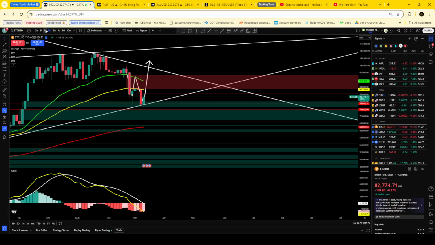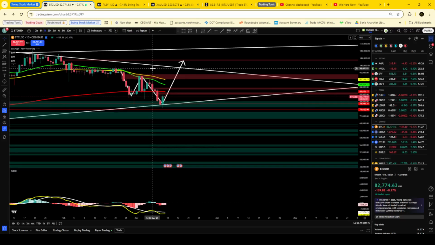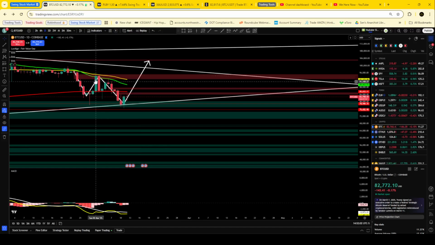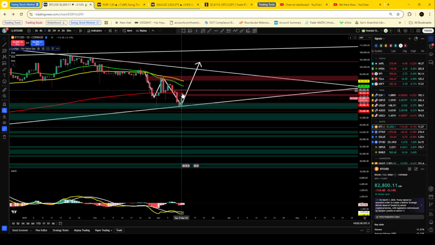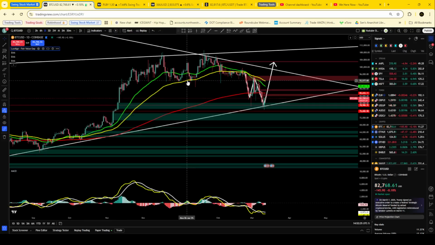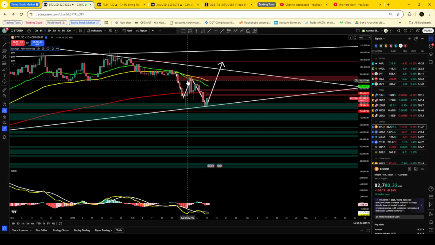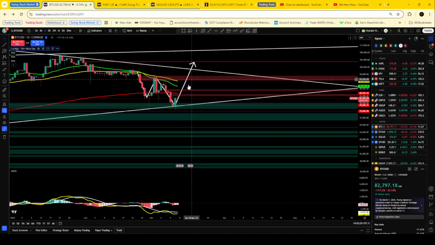Let's look at the daily for Bitcoin. You can see the double bottom more clearly. 1, 2, double bottom. I would definitely have gotten in here, and for a safe trade, got out at 92.5, just because it has to go back to this fair value gap.